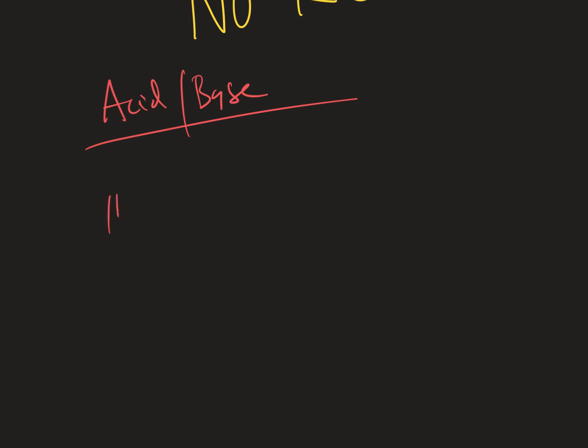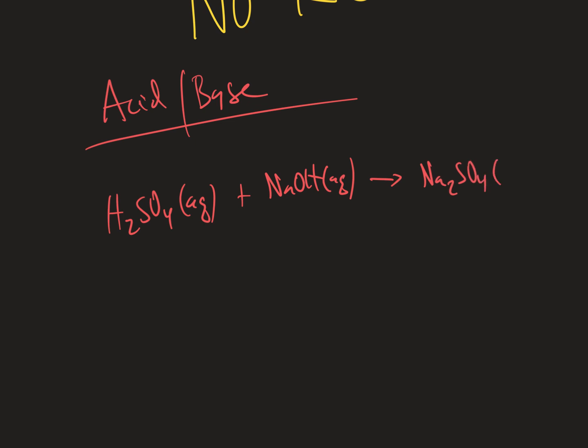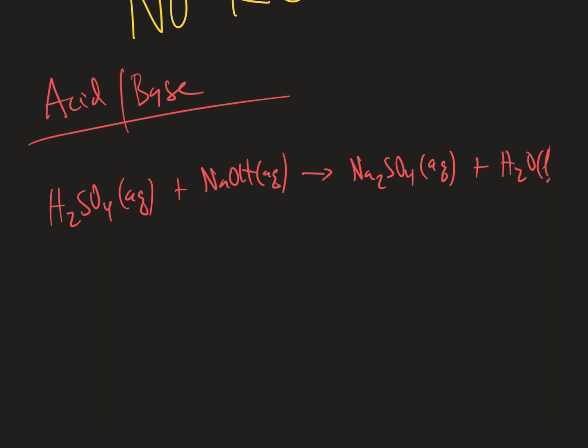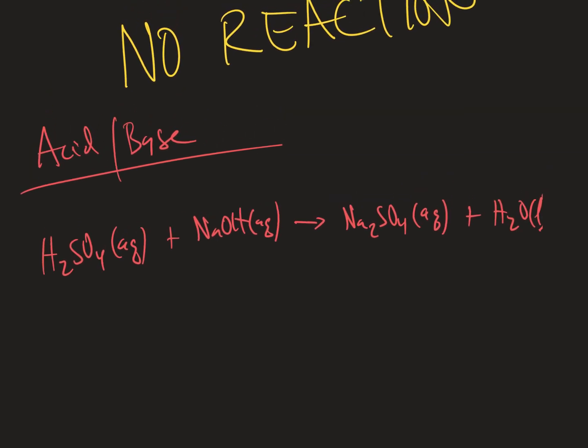So if we have H2SO4, aqueous solution, plus sodium hydroxide, also aqueous solution, we're going to get Na2SO4, also as an aqueous solution because it has sodium in it, right? Plus H2O as a liquid. This is an acid-base reaction.